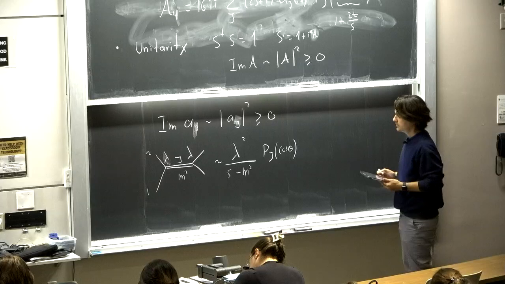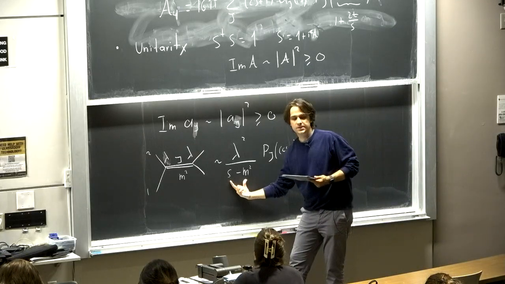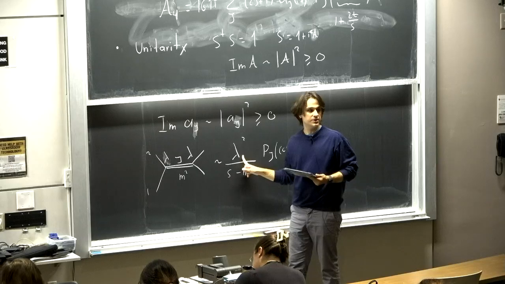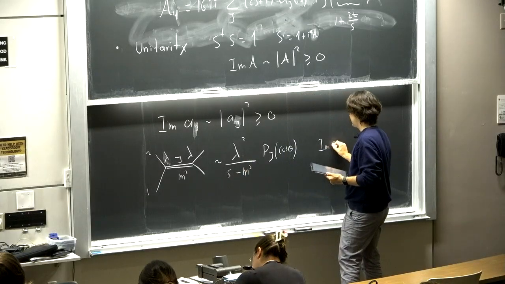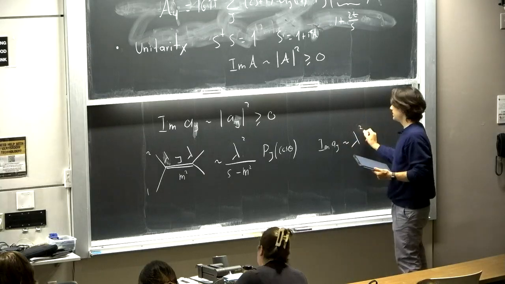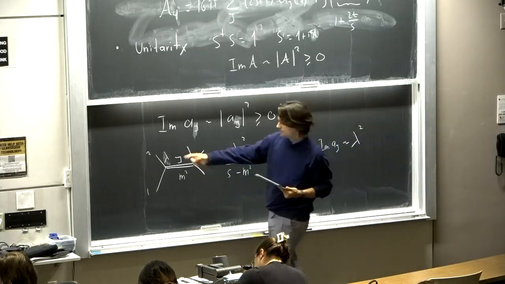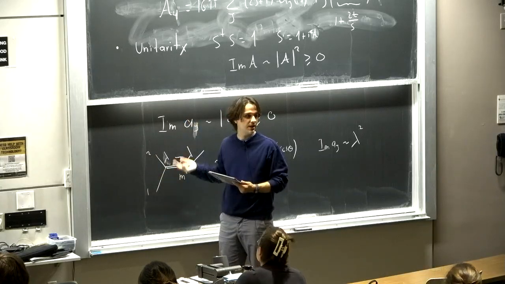Okay. So when we take the imaginary part, it just comes from the i epsilon in this pole, so the imaginary part is just this coefficient here. In this case, the imaginary part of this partial wave would just be this lambda squared, which tells me how my particles couple to this kind of heavier spin j states.